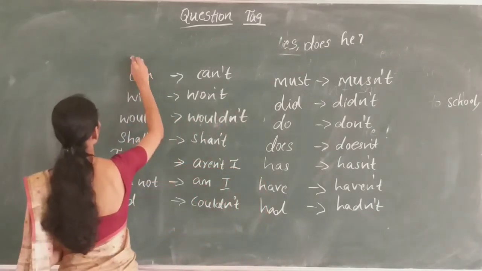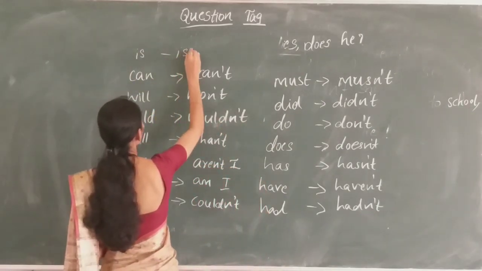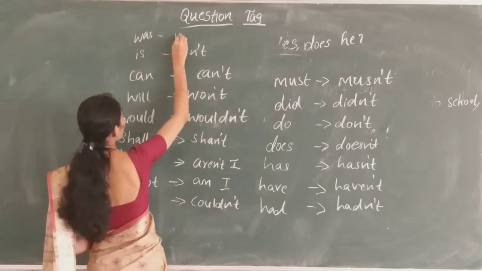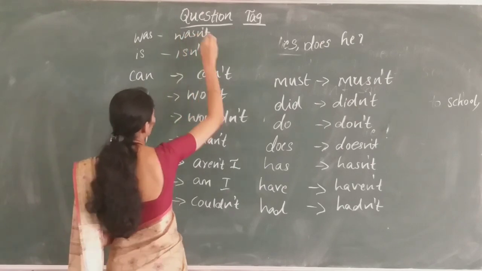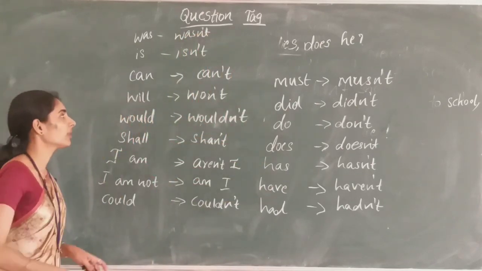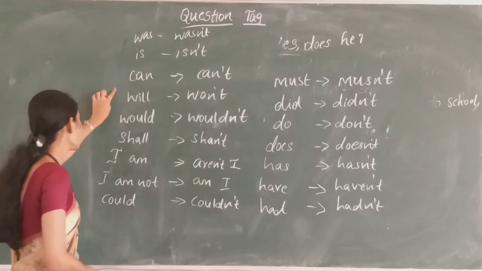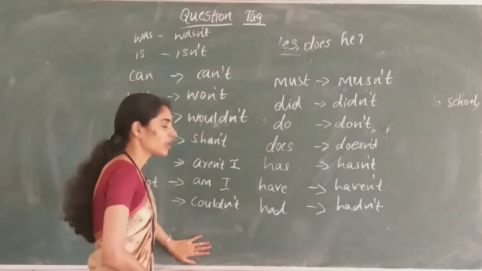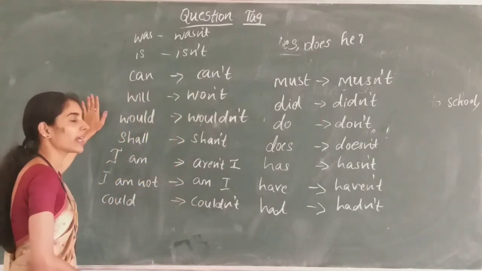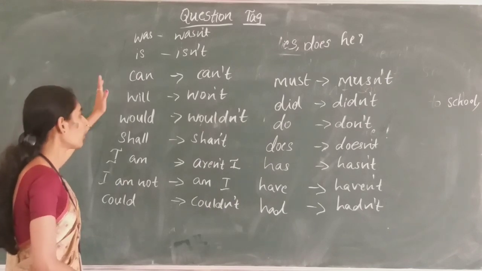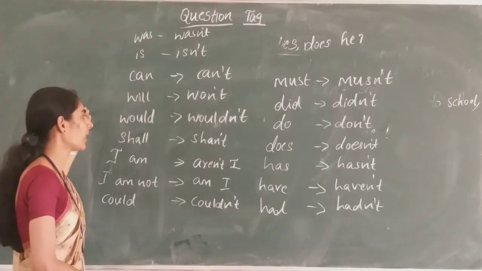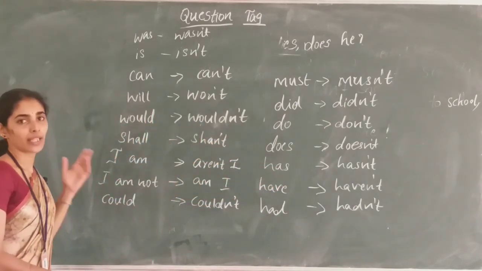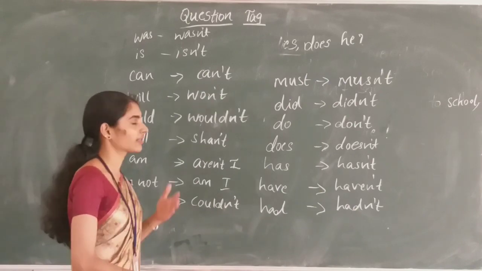Is, isn't. Was, wasn't. So please remember all these. If you find these words in the statement, then these are the tags. If these become your statement, then these become your tag. Simple as that. If you don't find any helping verb or modal verb, then you have to write the right form of do by analyzing the verb there. So I think this is enough, and let's call it a day.